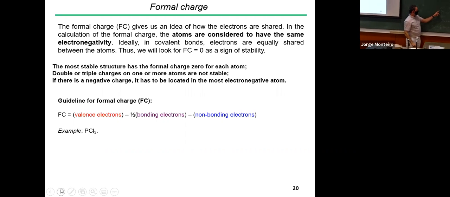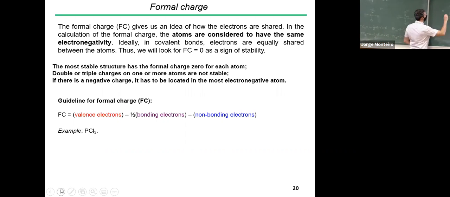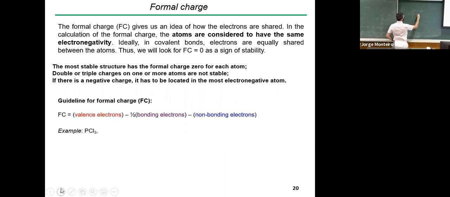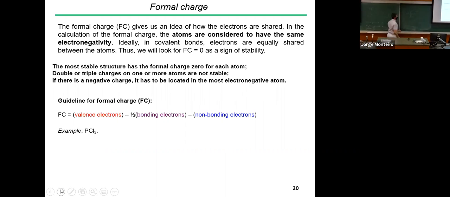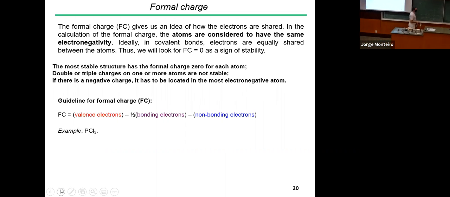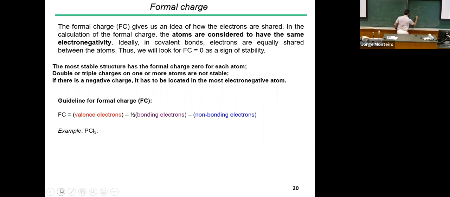So for oxygen making a double bond with two non-bonding electrons, the formal charge is always going to be 0. Oxygen single bonding is -1. Now let's take a look at the sulfur. Six minus 1, 2, 3, 4, 5, 6.